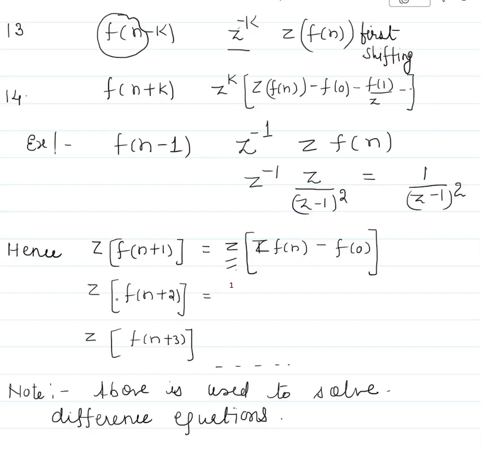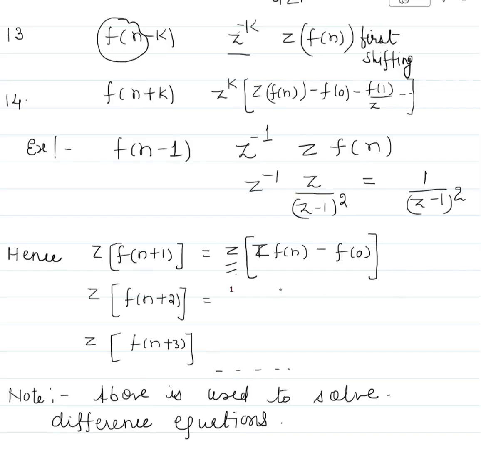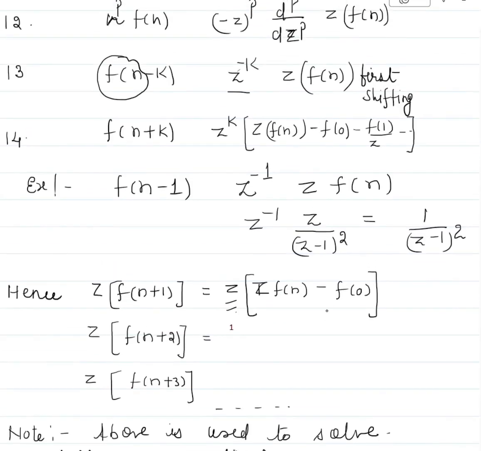Now if we are writing the z transform of f of n plus 2, we'll just use the same concept here and write the formula. So what will be f of n plus 2?